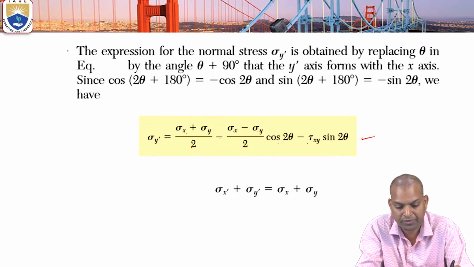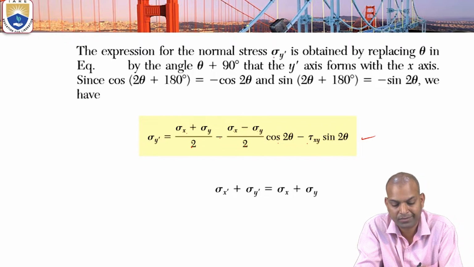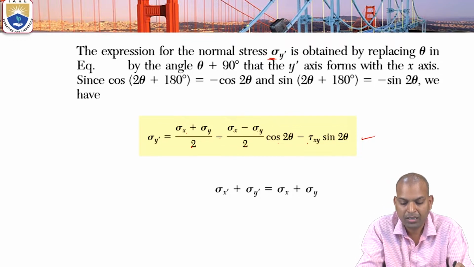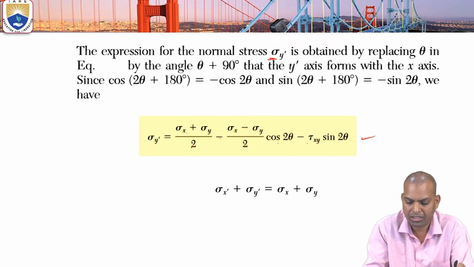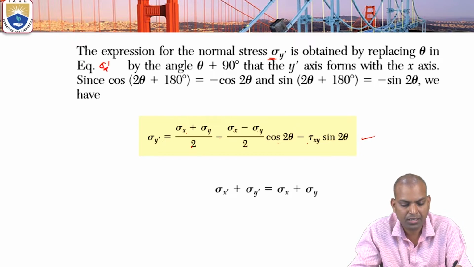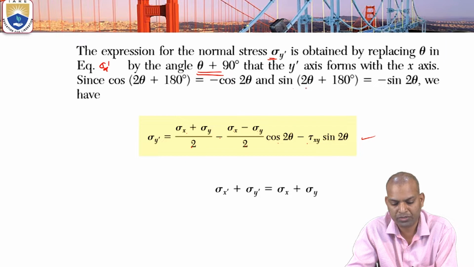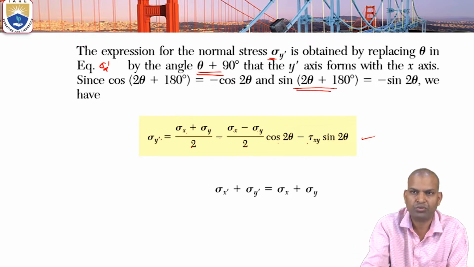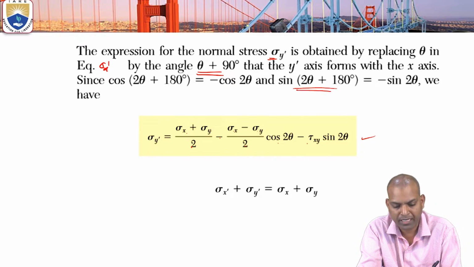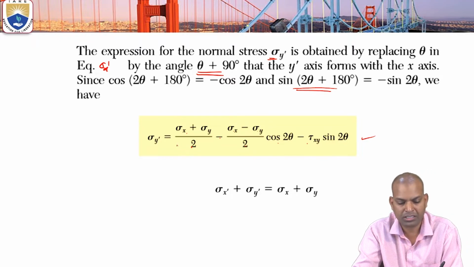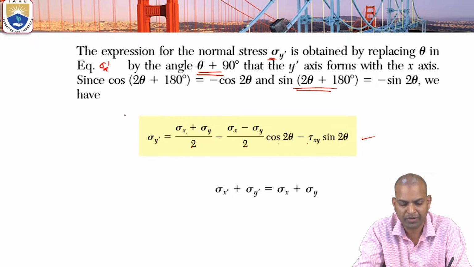Now the expression for the normal stress, what I explained here, let me read. Sigma y dash is obtained by replacing theta in the above equation of sigma x dash by the angle theta plus 90 degrees, because it is rotating 90 degrees. That indicates the y dash axis forms with the x axis. Since cos (2 theta plus 180 degrees) is minus cos 2 theta, and sin (2 theta plus 180) is minus sin 2 theta, substitute those terms back in the sigma x dash equation and it becomes sigma y dash.